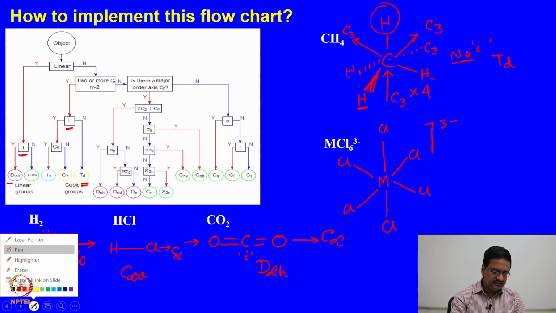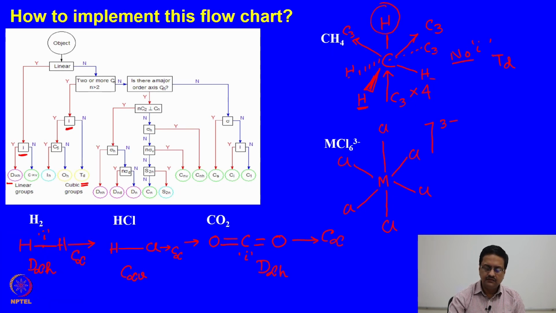One can very easily see that this molecule has a C4 passing through this bond, and as a matter of fact, through all the M-Cl directions, this has C4. So, this molecule has three C4 axes present.